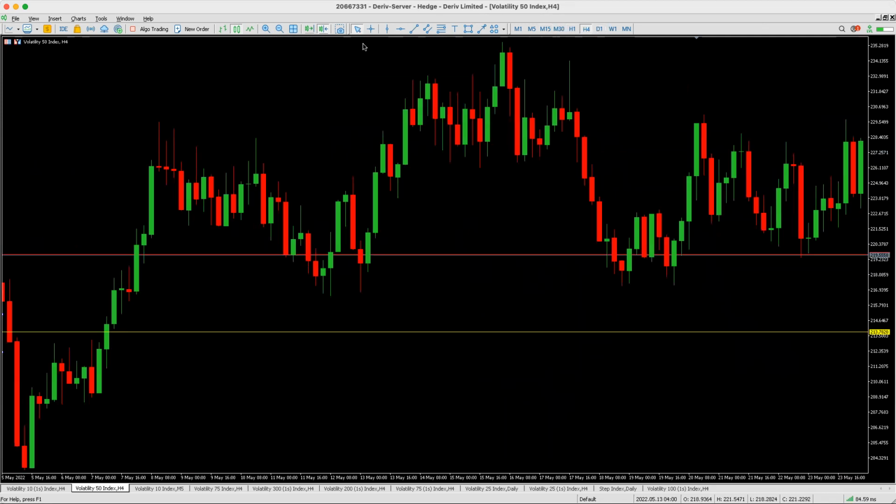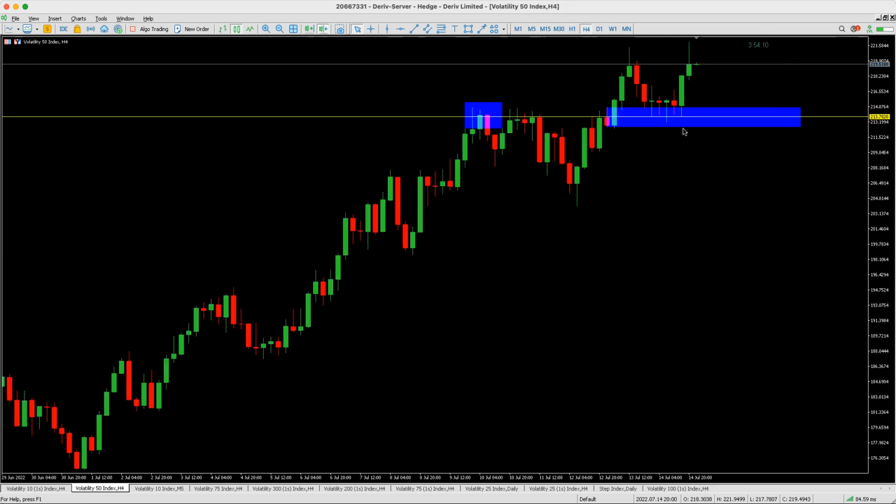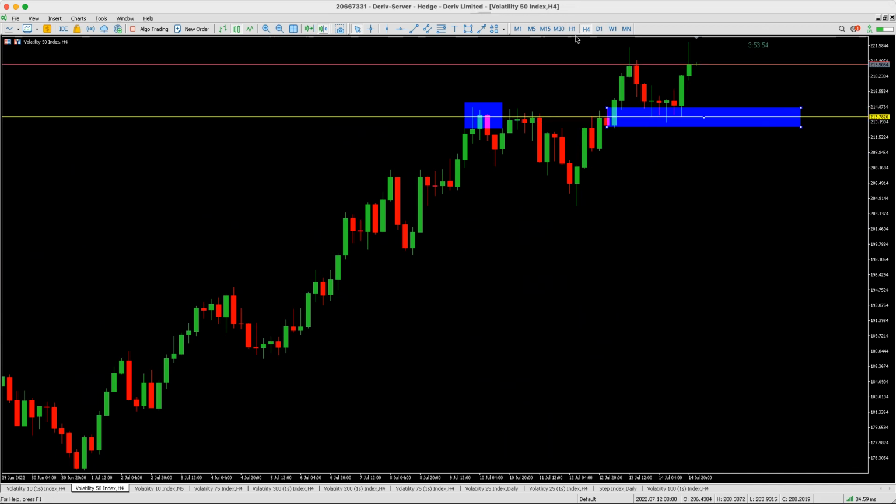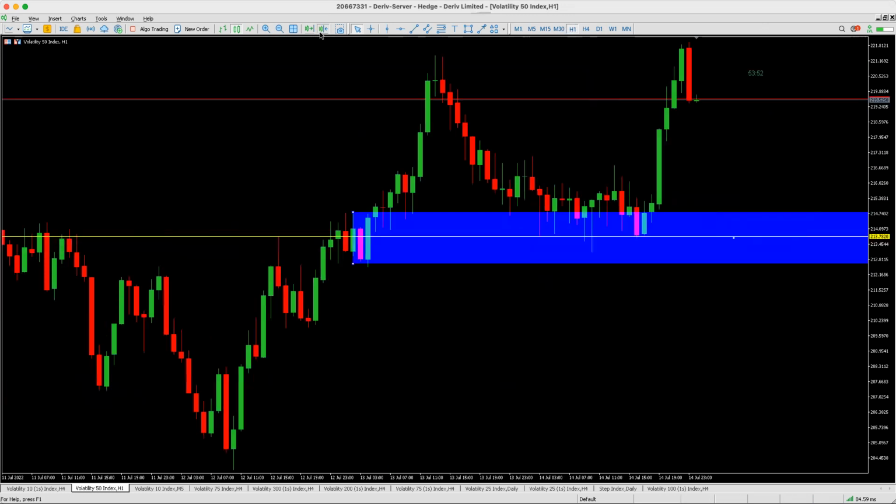So we go back to 4 hour, and if I place the 50% line on my order block, you can clearly see that the 50% line is exactly where the line of sensitivity is at.